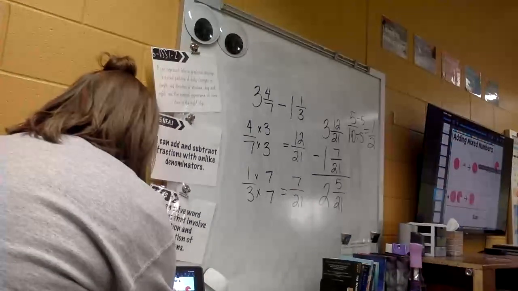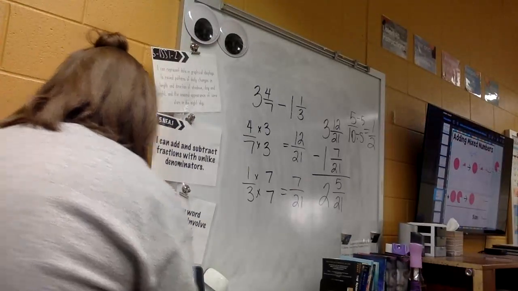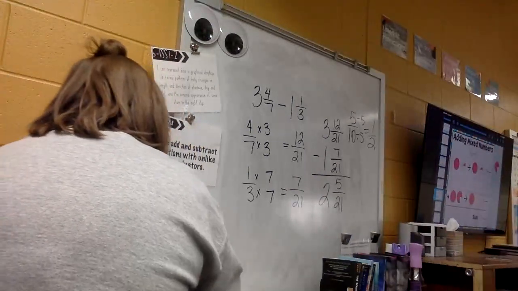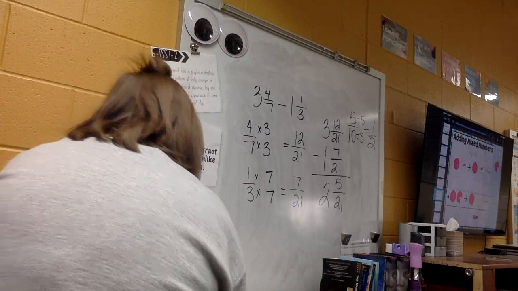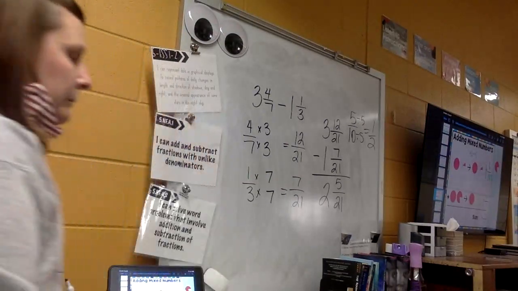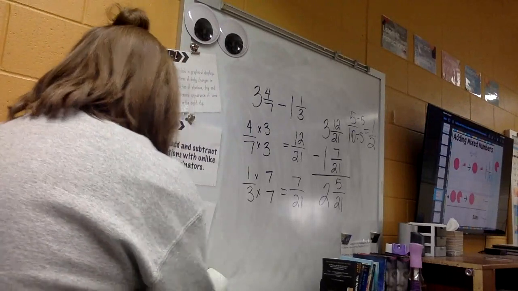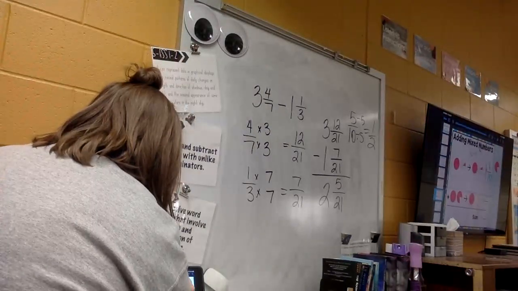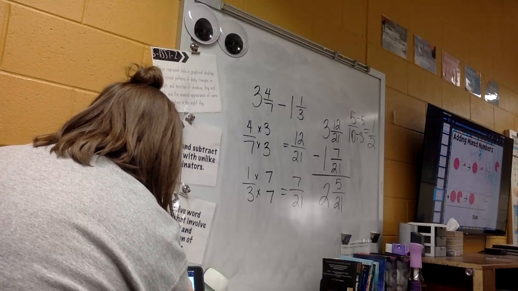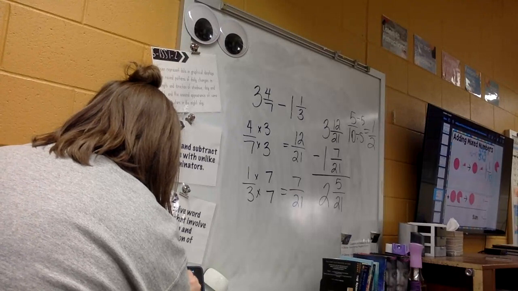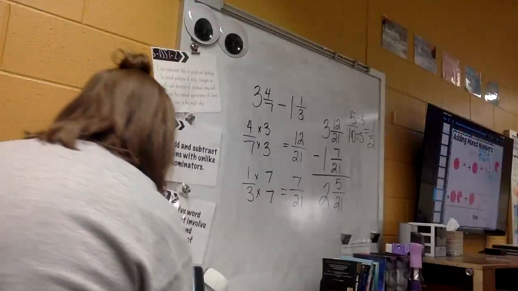So I still have the same thing up here at the top. It's still 1 1/10. What does this number change to? 4/5. I have to multiply by what? 2. So I get 8/10.